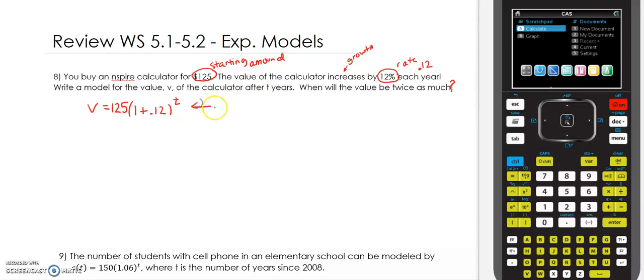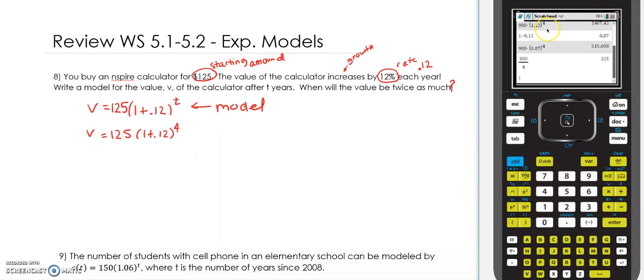So here is our model, and this model is what we would use to put into the calculator if we need to find something. And if I wanted to find the value after 4 years, I could simply put in 4 for t, and I would know the value.